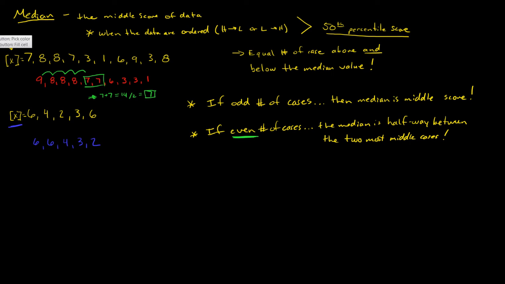I'll go back to the green, and since we have an odd number of 5 raw scores here, 6, 6, 4, 3, 2, we're going to be operating under the if-then statement which says if odd number of cases, then the median is the middle score. So what is the middle score here? Well, you go over 1, 2, 3, and it's going to be this value of 4. So here, median equals 4.